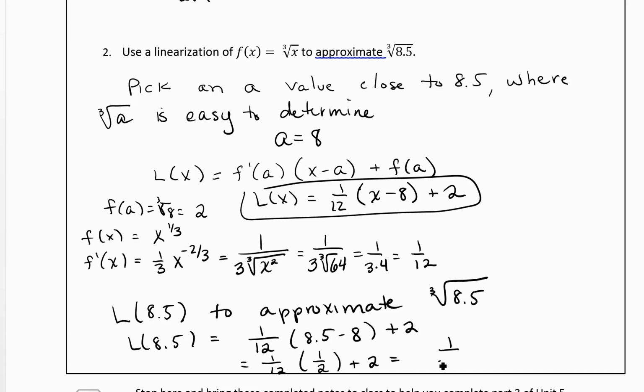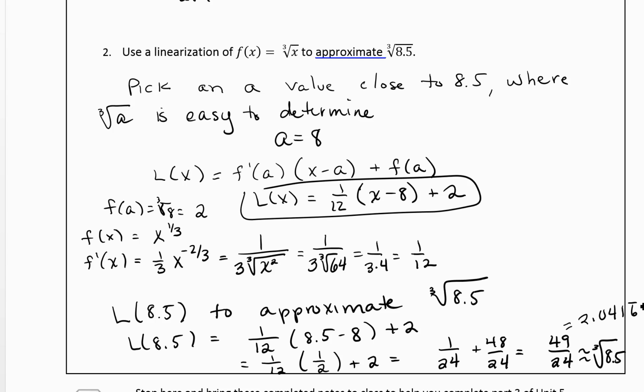This is 1/24. Now 2 would be 48/24. So we can see that this would be 49/24. So that would be our approximation of the cube root of 8.5. 49/24 is about 2.041 and then 6 repeating.